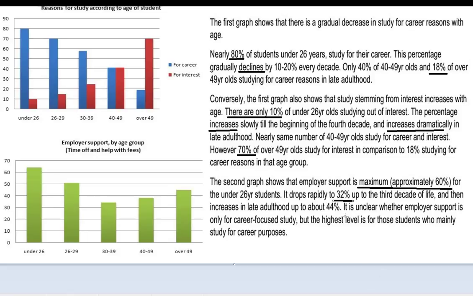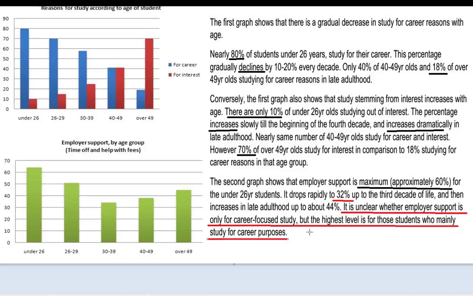Then we have this last sentence here. It's unclear whether employer support is only for career-focused study, but the highest level is for those students who mainly study for career purposes. This is some sort of summary.